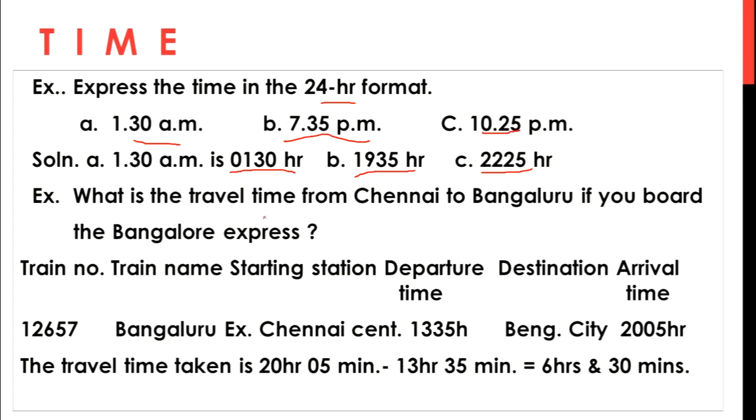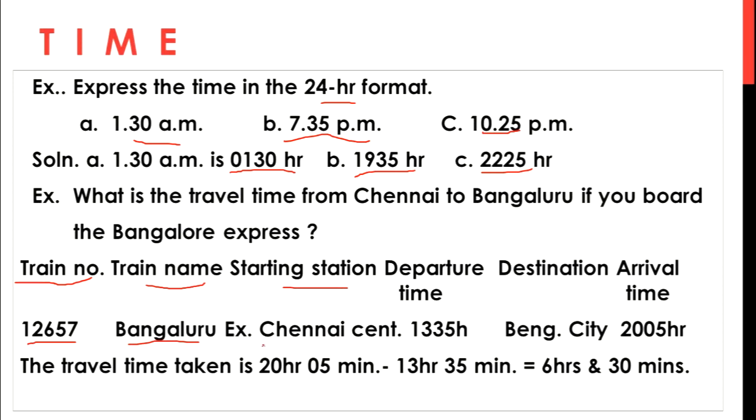Now one problem generally asked during teaching of time is the timetable of trains. Train number is 12657. Train name, it is Bengaluru Express. These are timetables generally given on boards at every station or at every airport.